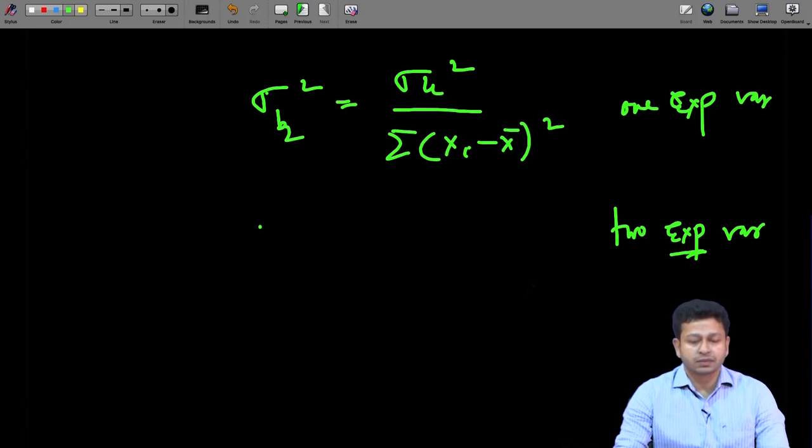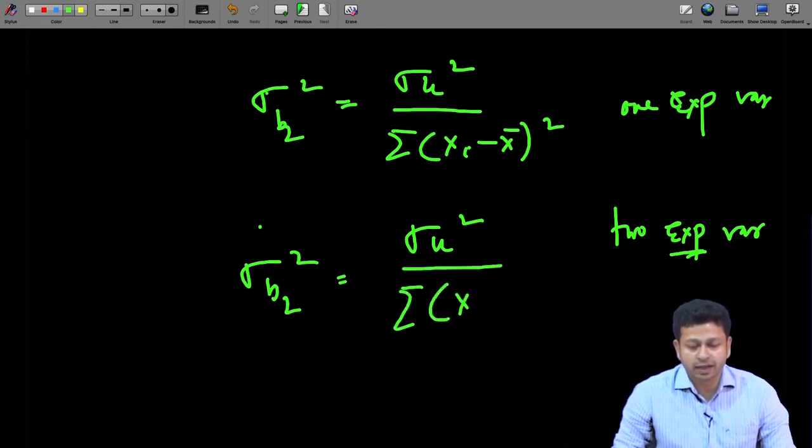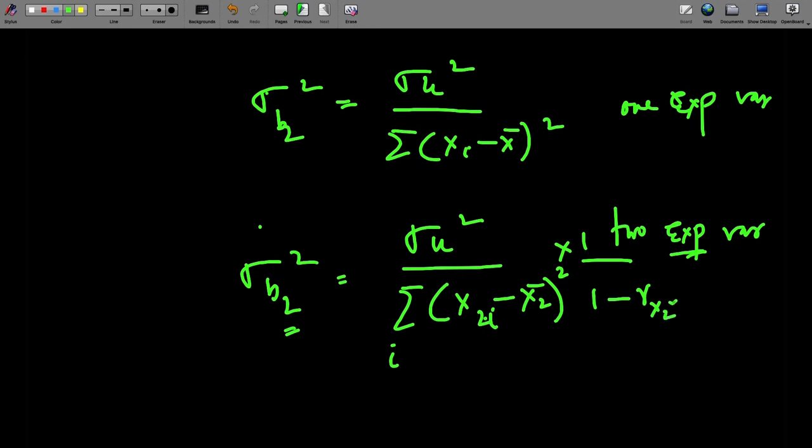Because there is a correlation between these two explanatory variables, the equation is going to be, in that case, sigma u square by summation of (x2i minus x2 bar) whole square, into 1 by 1 minus r x2 x3 square, where I am trying to get the coefficient for the x2 variable.